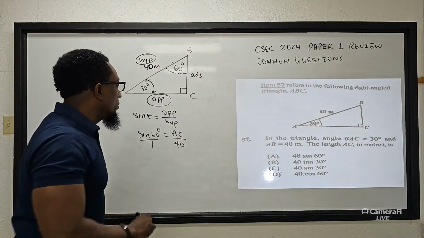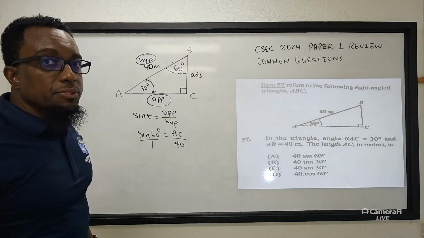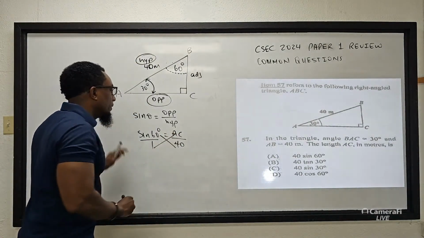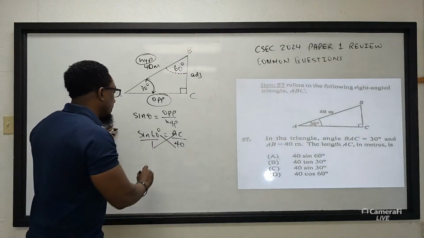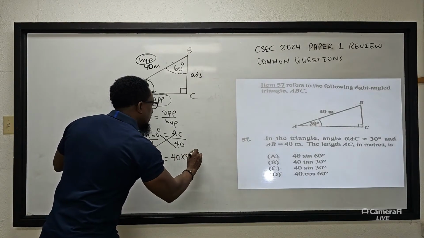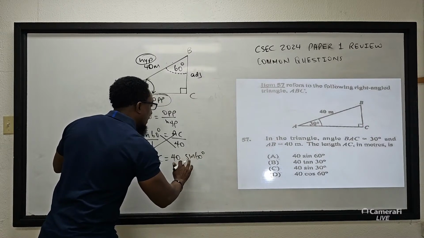You put sine 60 over 1, and you know to find AC, you're going to what? Cross multiply. So you're going to get 1 by AC is AC. And this is 40 multiplied by sine 60, or 40 sine 60.